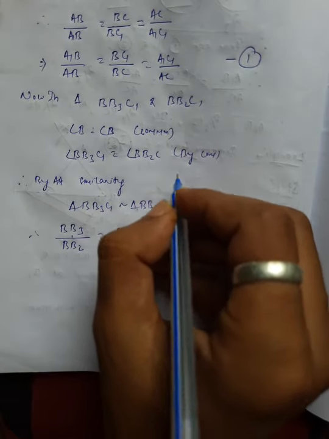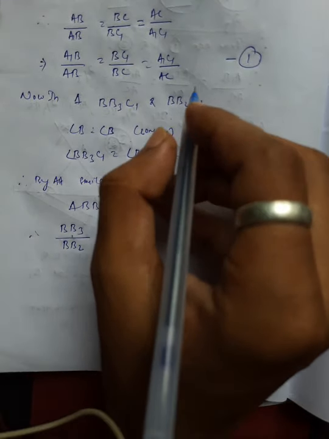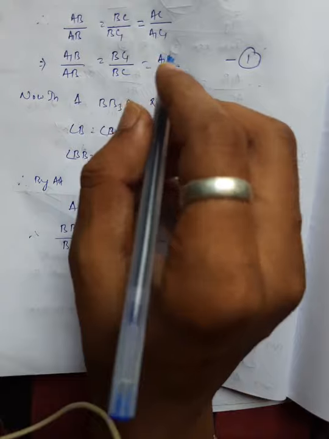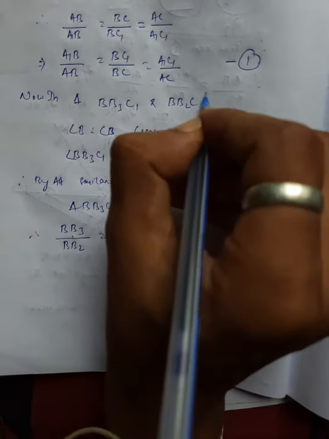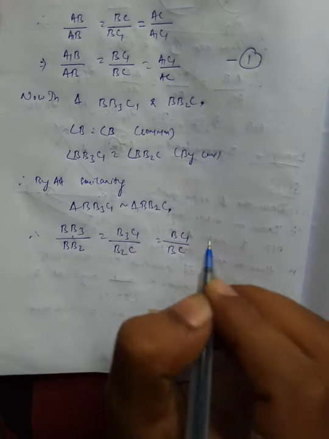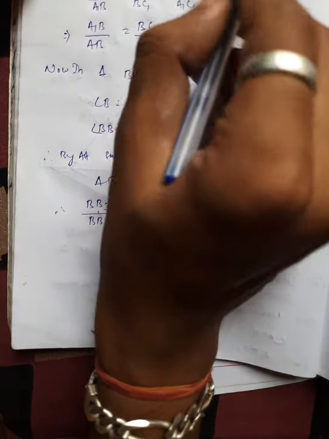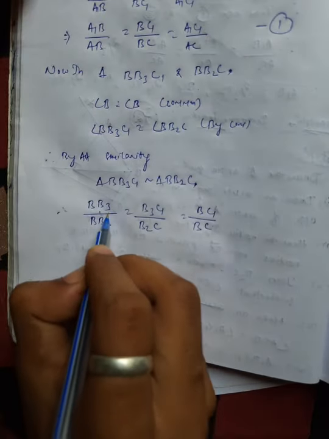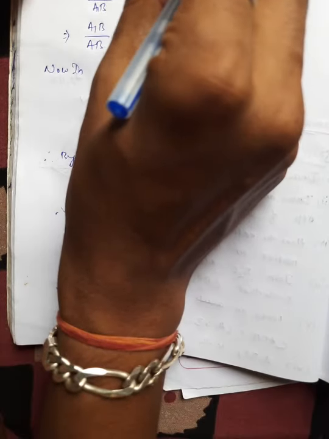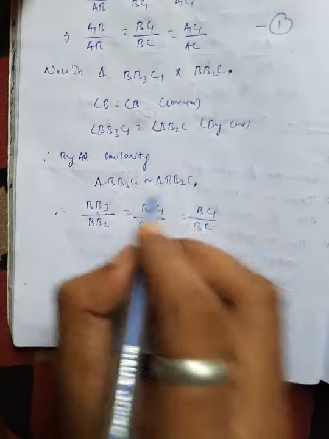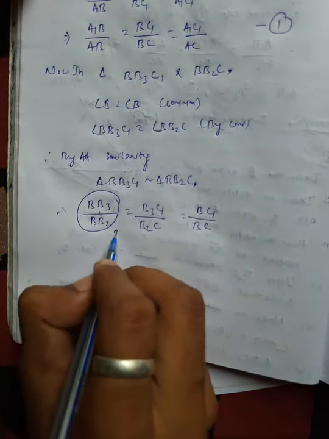Okay, BB3C1 and BB2C, this is the C, this is the C. Now here BB3 by BB2, BB3 is 3 same portions, that is 3, and BB2 is 2, therefore this equals 3 by 2.